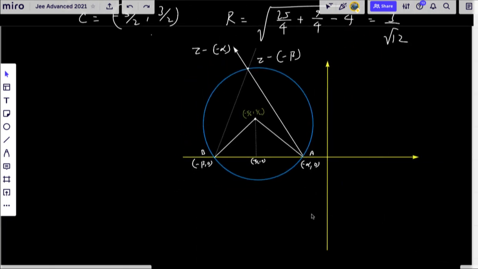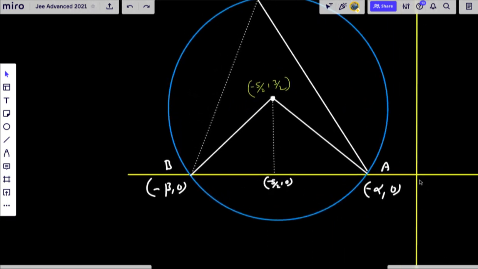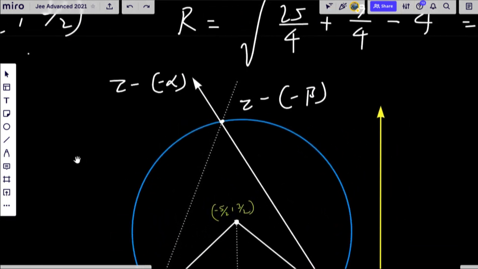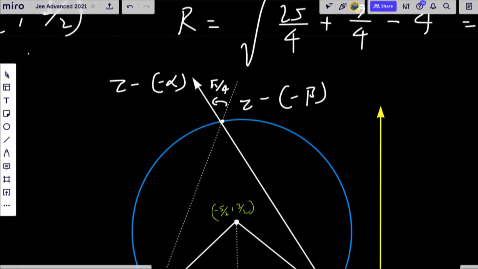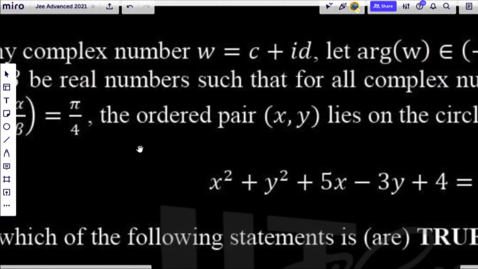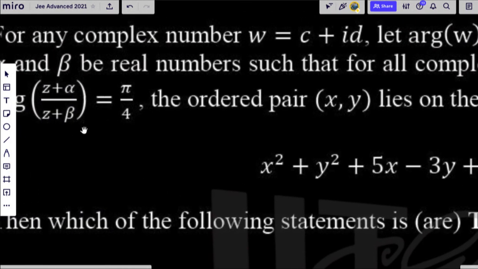Okay, fine. And that's clear. Anyway, so this angle is pi by 4. You can see over here, this angle from here is pi by 4 as per the problem. As you know, here it is given z plus alpha upon z plus beta.